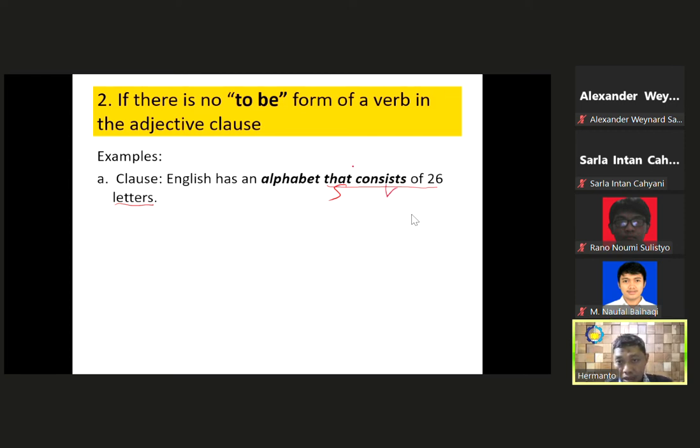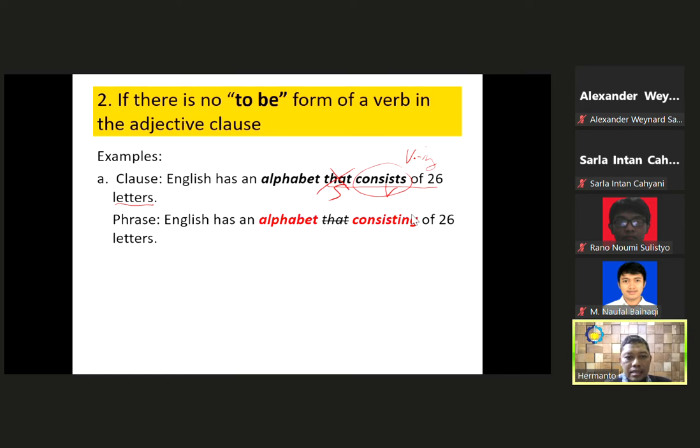No to be, so what you do is you remove the subject pronoun and you change the verb into verb ing. So what you get is English has an alphabet consisting of 26 letters. So here is the adjective phrase. What is the function? To describe the noun, the alphabet.